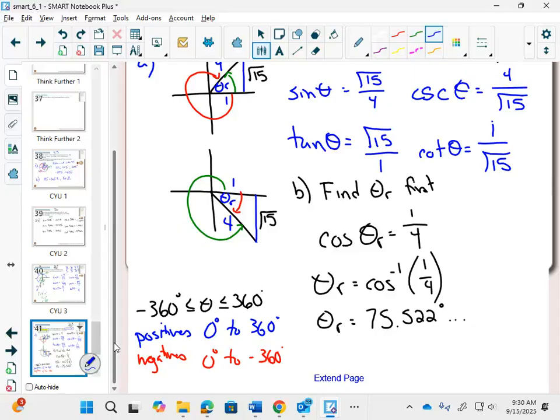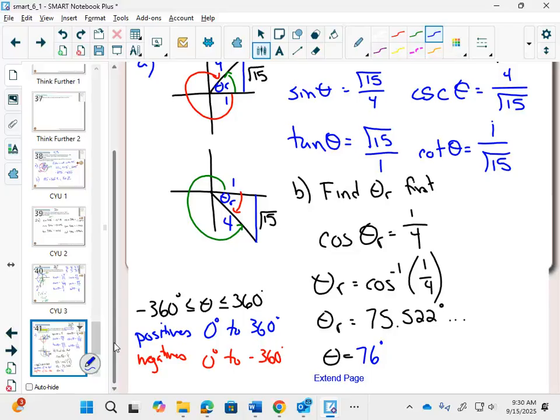Okay? So when I go to write my answers, theta equals, I'll do the positive ones in blue. Well, in quadrant 1, can you see that your positive angle is exactly the same as your reference angle? So if it's 75.5 rounded to the nearest degree, that would be 76 degrees. In quadrant 4, because if I started at 0 and went to quadrant 4, how would I find the actual angle?